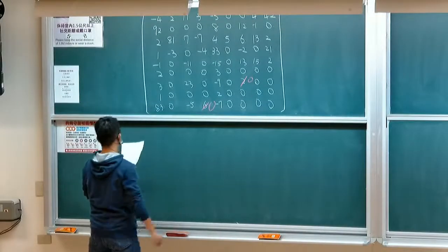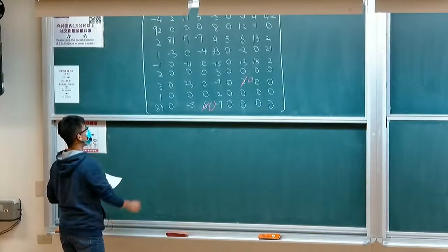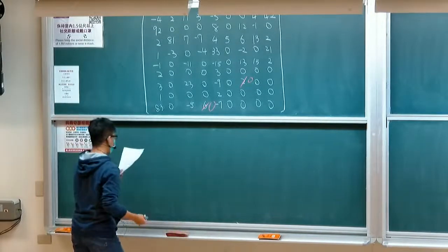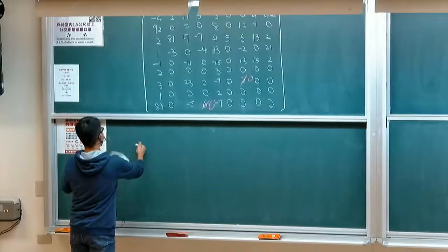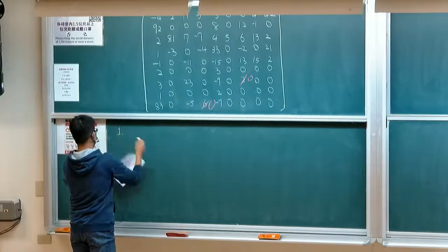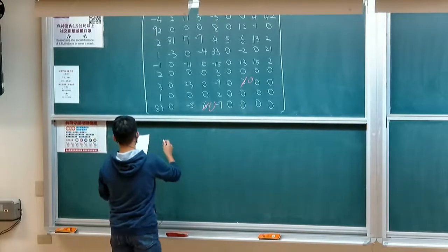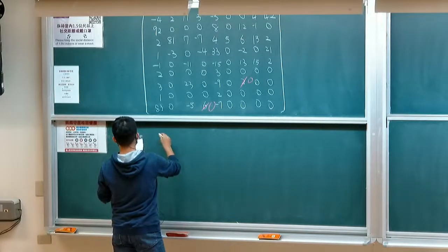Since the detailed computation is quite tedious, I will not solve this problem right here. I will just give you a hint and leave it to you. For this problem, you can use the formula for a block triangular matrix.